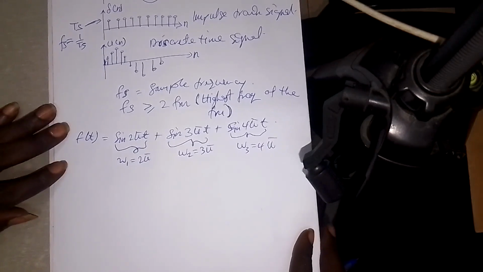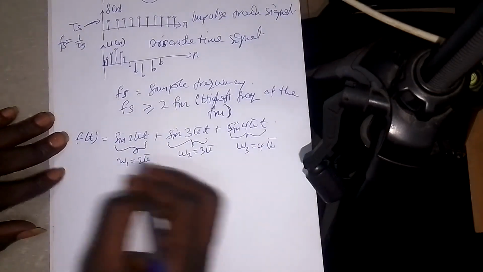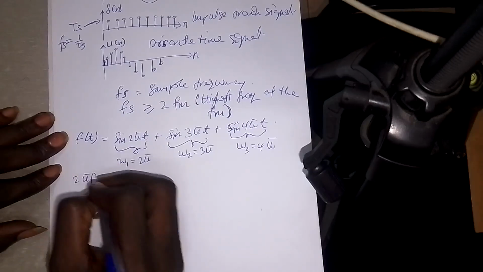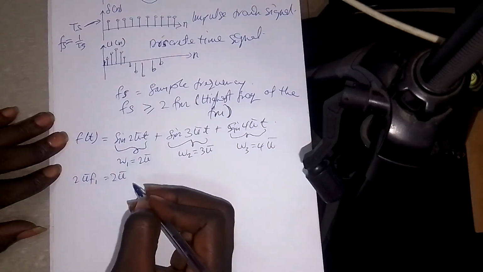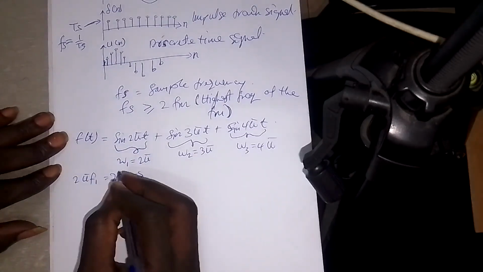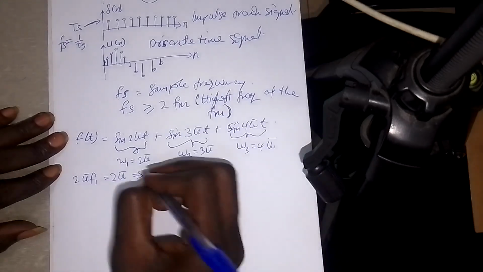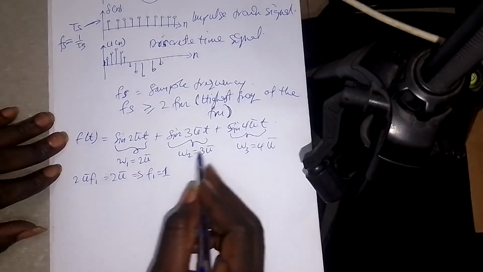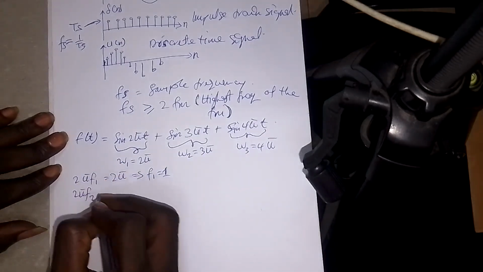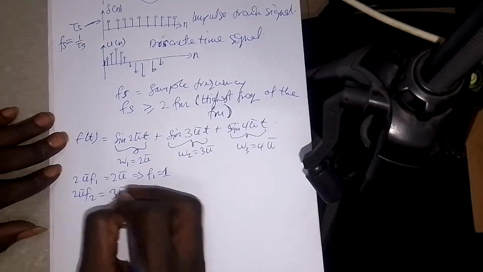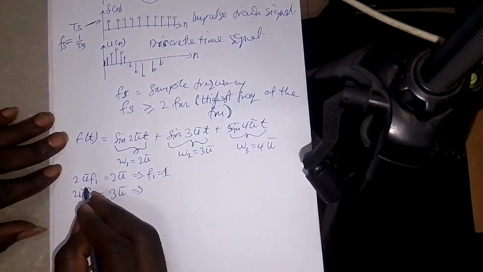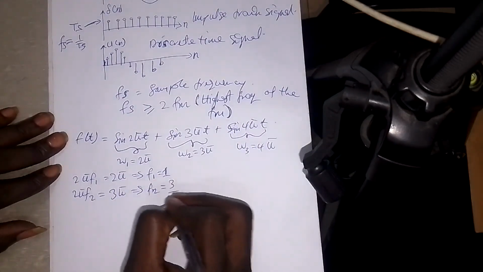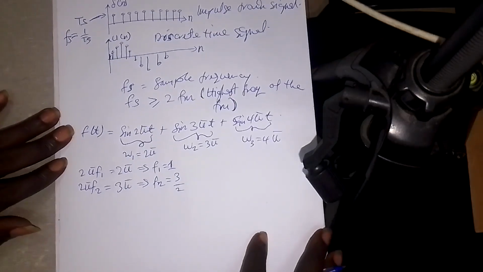In the first one we have 2 pi F1 equals 2 pi, so F1 is equal to 1. In this one, 2 pi F2 equals 3 pi, and the pi cancels pi, so F2 is equal to 3 on 2.